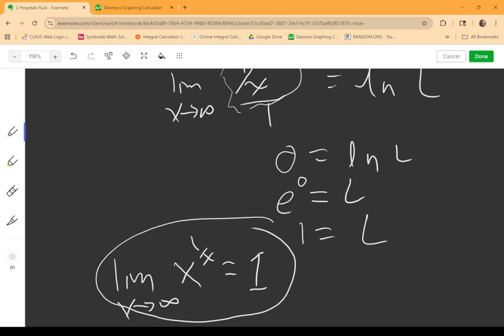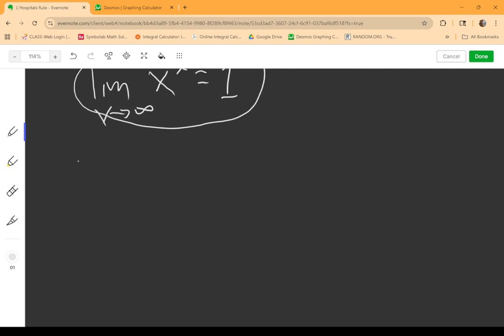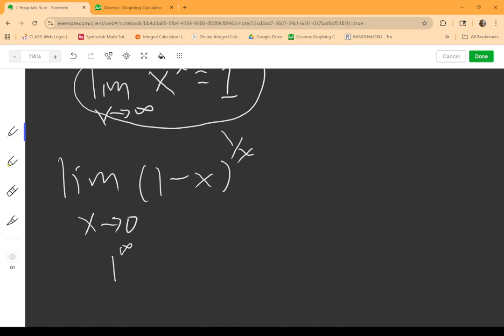Okay. Now, our last example here: the limit as x goes to 0 of 1 minus x to the 1 over x. As x tends to 0, this is of the form 1 raised to infinity. So again, set it equal to some value L, and then take the natural log of both sides.